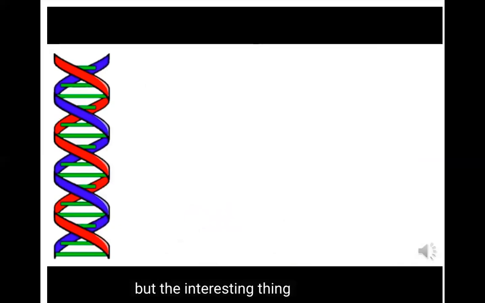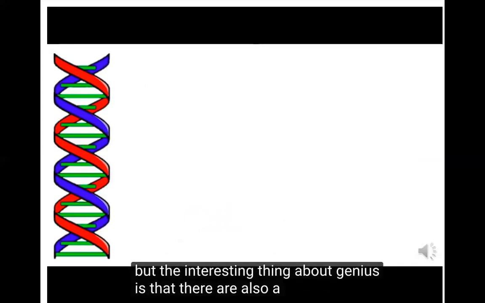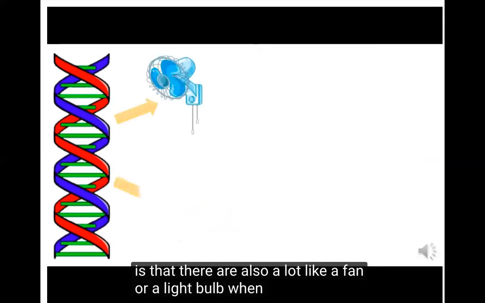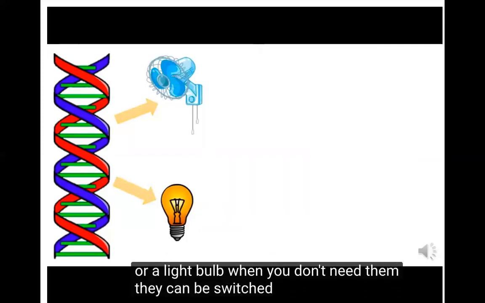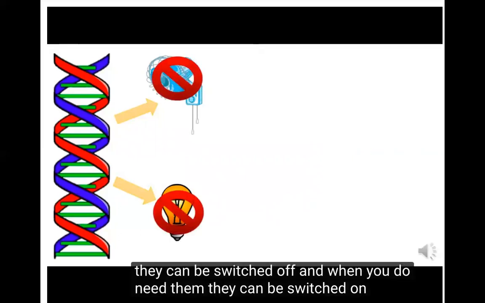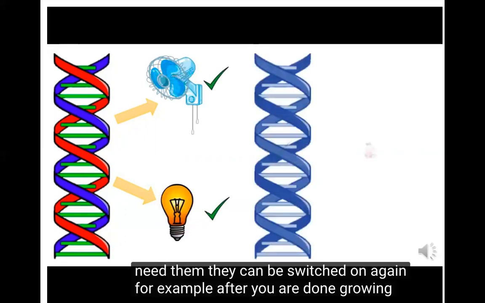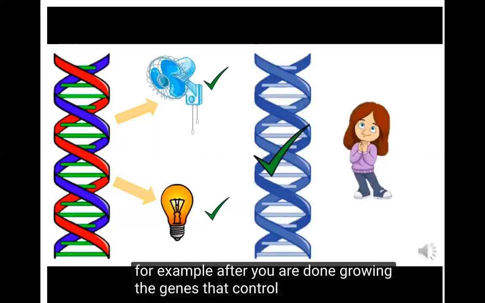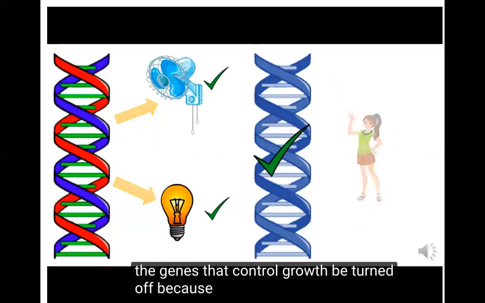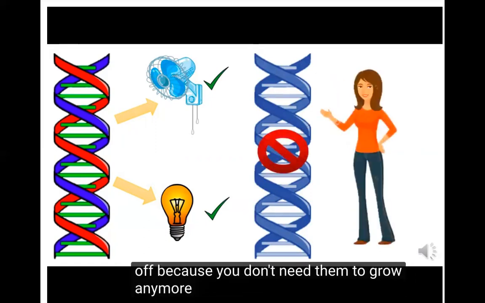But the interesting thing about genes is that they're also a lot like a fan or a light bulb. When you don't need them, they can be switched off. And when you do need them, they can be switched on again. For example, after you are done growing, the genes that control growth will be turned off because you don't need them to grow anymore.